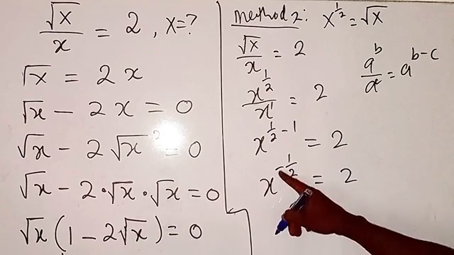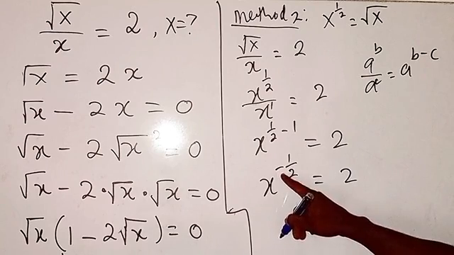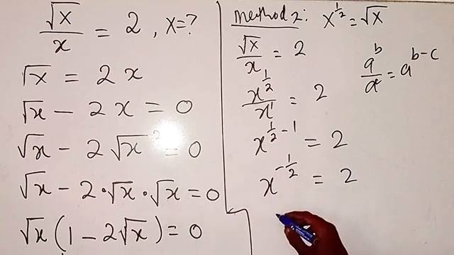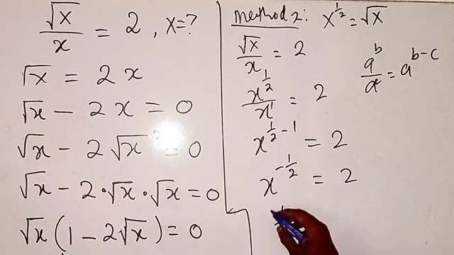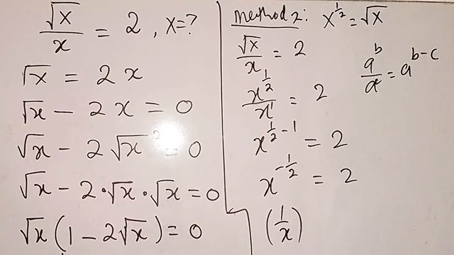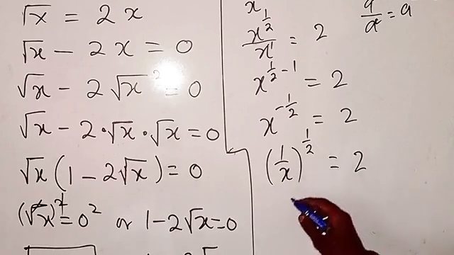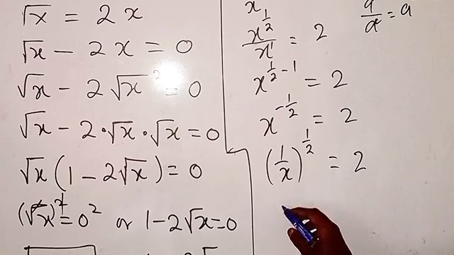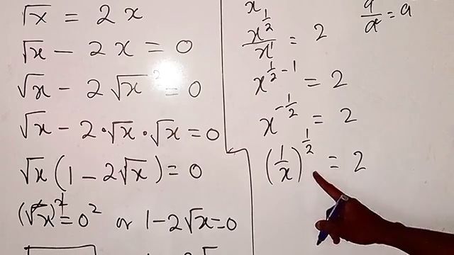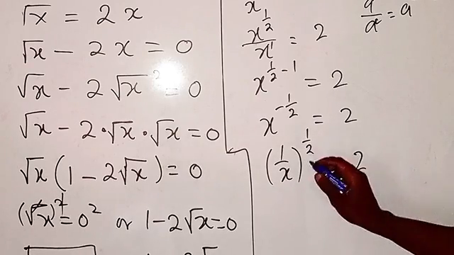Now here, if I want to change this negative sign, I can have it to be 1 over x, that is the base, 1 over x, then to the power of 1 over 2 equals 2.